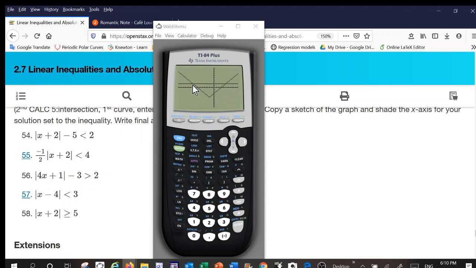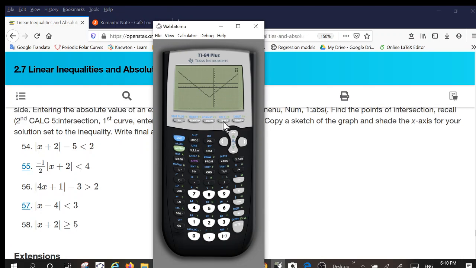Now how do we find this intersection point? You have to be on the graph here. Then you go to second, calculate, and you see the intersect option number 5, pick that one. It's going to ask what is the first graph. It picks one of the graphs for you automatically. Notice that it's picking the V one, you can move it on the V. That's good, we pick that one.